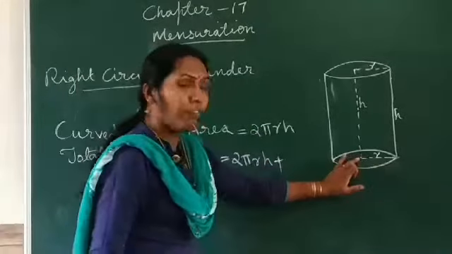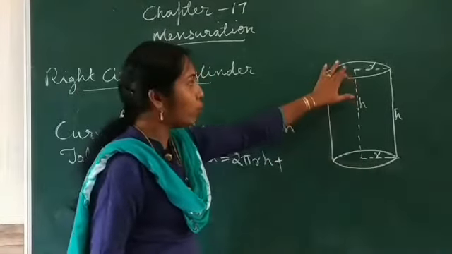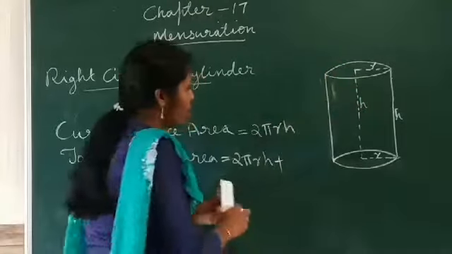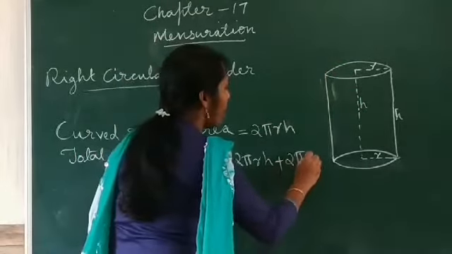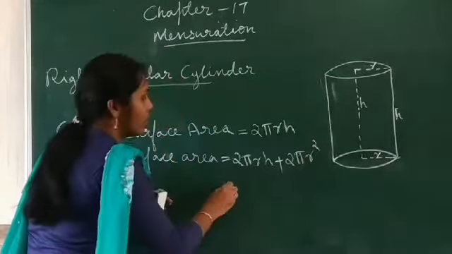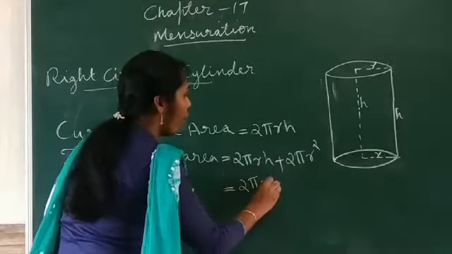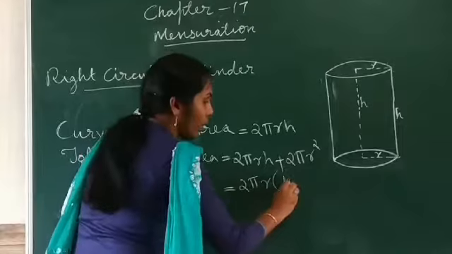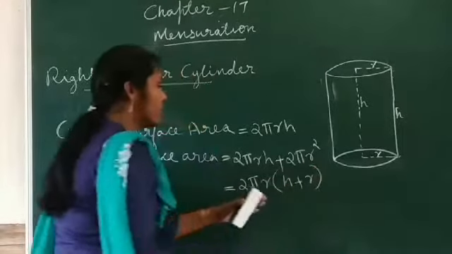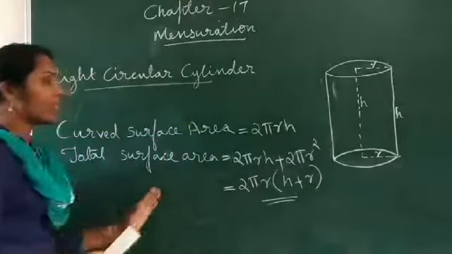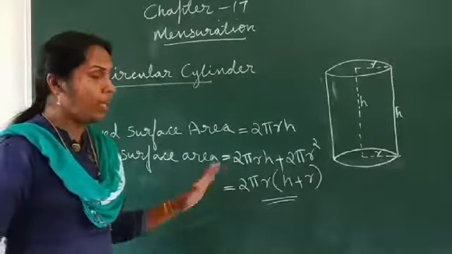One plane surface is equal to pi r square, so two plane surfaces will be equal to 2 pi r square. So that is equal to 2 pi r common, into h plus r. This is the formula for the total surface area of a right circular cylinder.